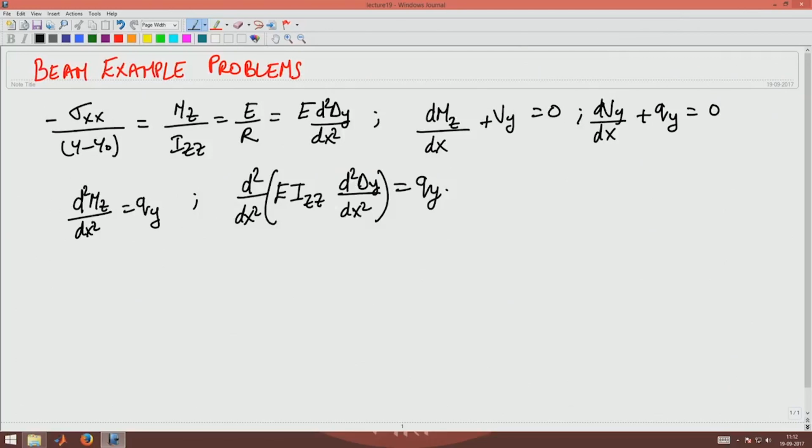Now, let us apply these equations to solve some problems.